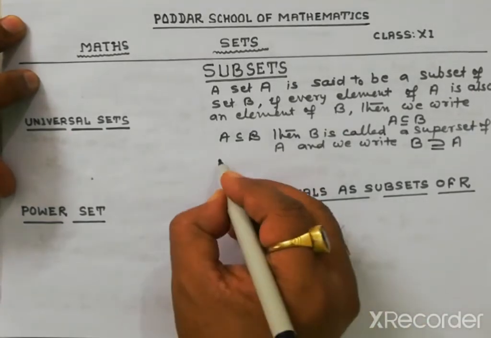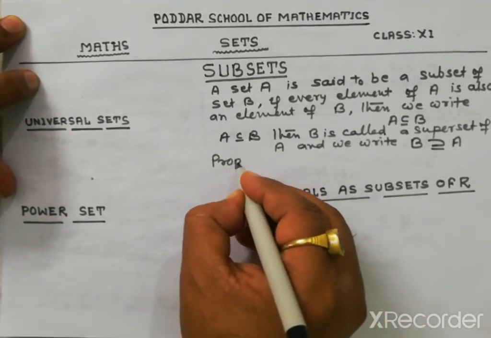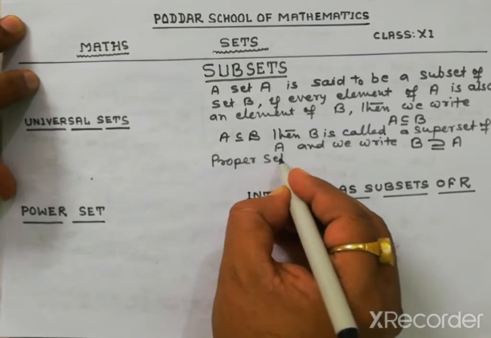And what is proper subset? What do you mean by this proper subset?